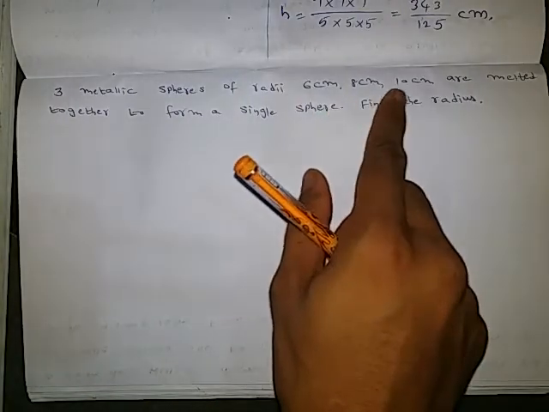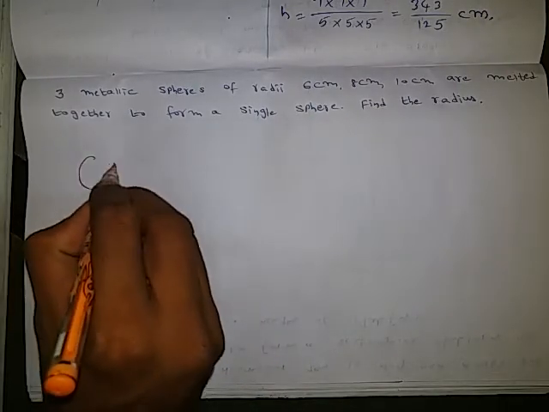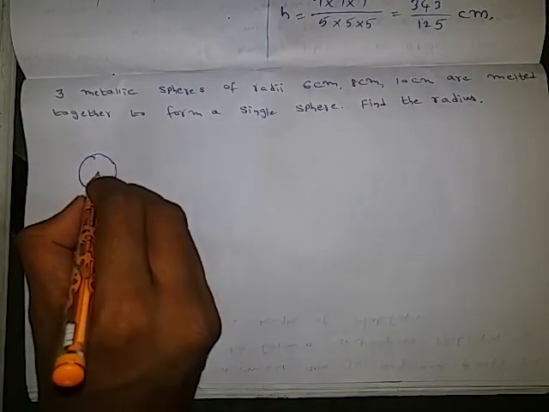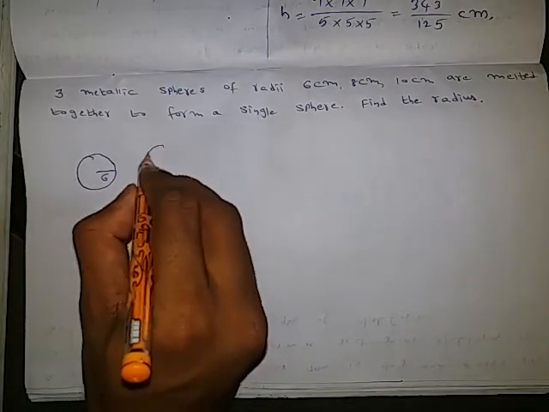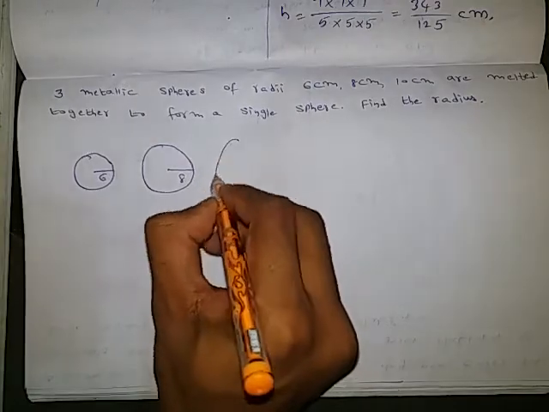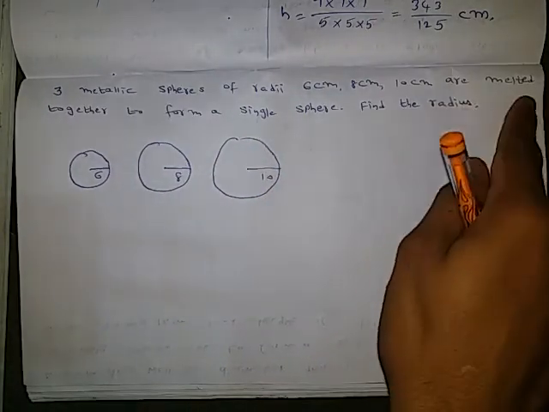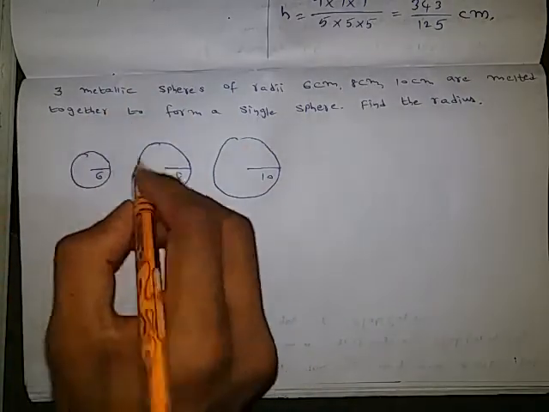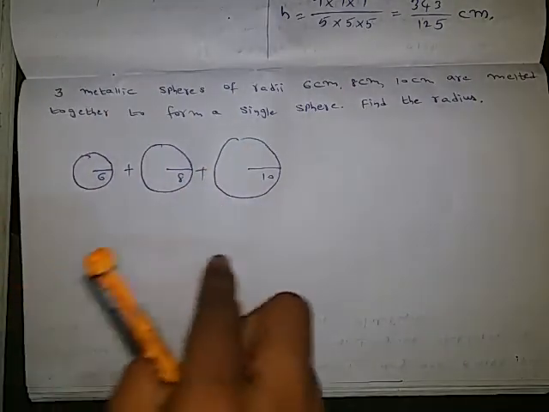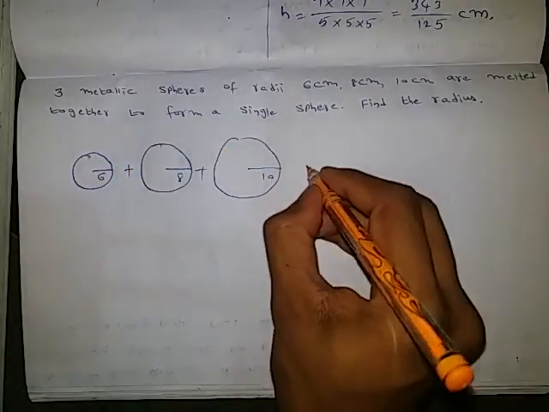Three metallic spheres of radii 6 centimeter, 8 centimeter, 10 centimeter. We have three spheres. First sphere radius is given as 6 centimeter, second sphere radius is 8 centimeter, and third sphere radius is 10 centimeter. These three spheres are melted together to form a single solid sphere.